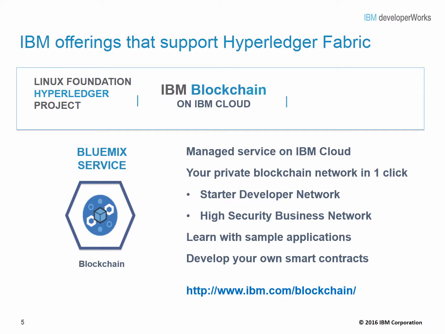Each network includes a certificate authority and 4 peers. The service is available as a starter plan for experimentation and also a high security plan running on dedicated infrastructure with cryptographic acceleration. IBM is providing consulting services as well to assist clients in understanding, planning, and evaluating applications based on IBM blockchain running on IBM Cloud.